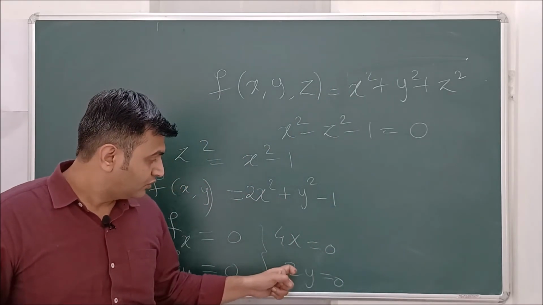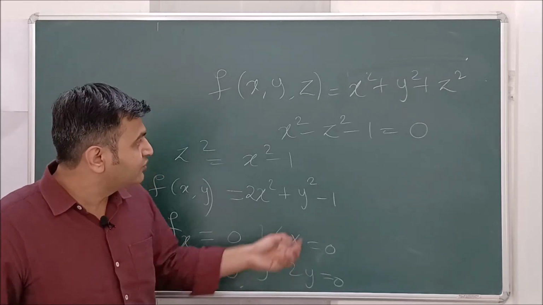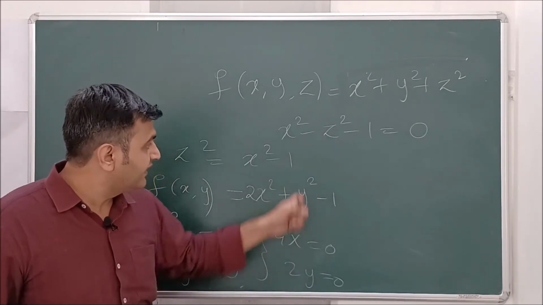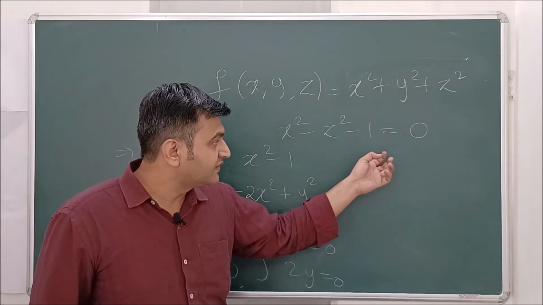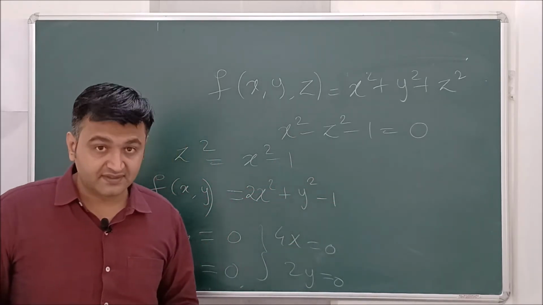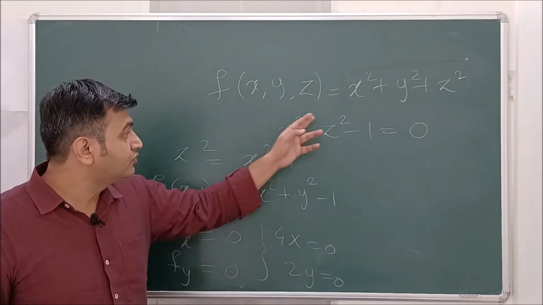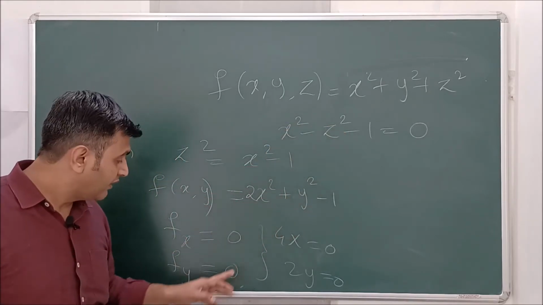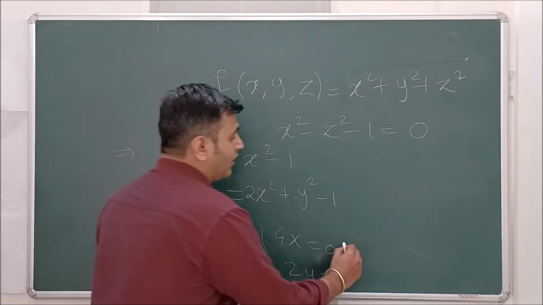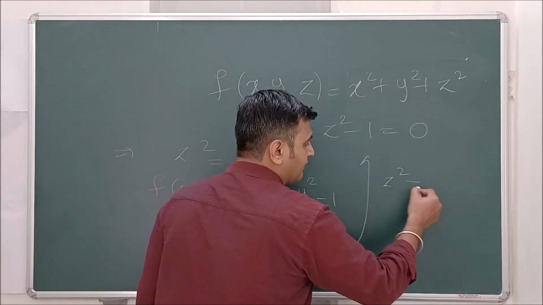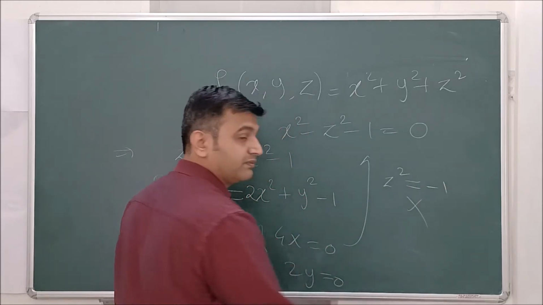Or otherwise you can put the values of x and y in here. Your x is 0, so you have z square equal to minus 1, which is not possible in the real case. So if you solve by substitution, we get that x and y have to be 0, and then z square equals minus 1, which is not possible.